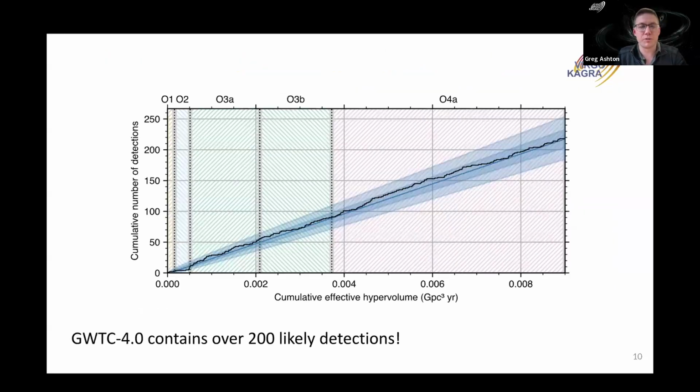Okay, so then one final view of that data, which is now we're plotting it instead of in linear time, as a function of the cumulative effective hypervolume, which is in some sense the time-distance volume that we have surveyed as we've operated our detectors. And so I think what's really clear from this is that the improvement in sensitivity and longer duration of O4 means that just O4A alone is larger than all of the hypervolume that we had seen beforehand.